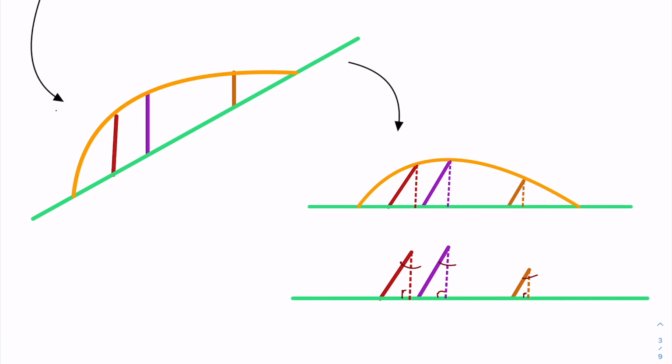Due to the property of the triangles, as long as the dashed line is the longest, then the solid line also needs to be the longest.